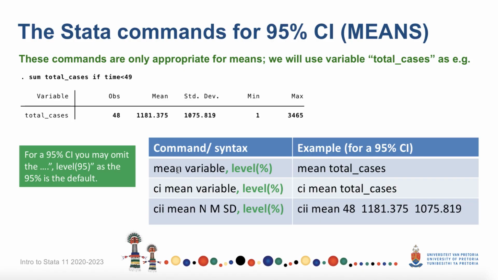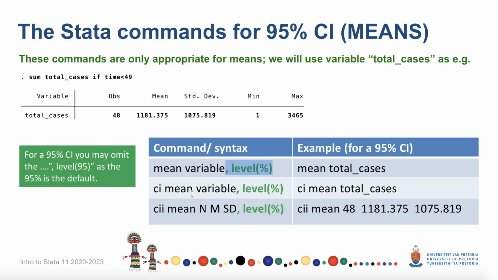Now, you've got two options. You can either use the command mean, you can see it here, the very first one, or you can say CI mean. That's the other command. The green bit is optional. You only need to put the green bit in if you want a different kind of confidence interval, such as a 90% or an 80% confidence interval.